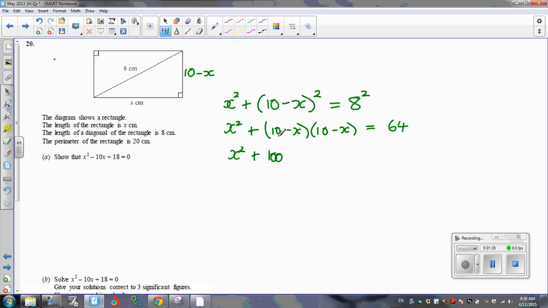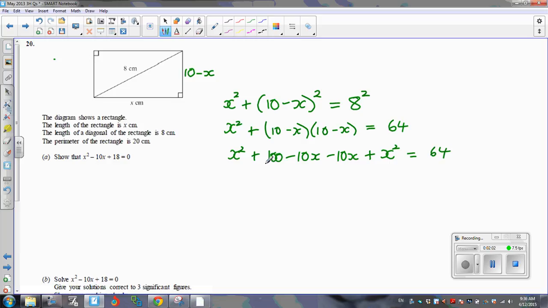The outer terms, 10 times minus x, is minus 10x. Here, minus x times 10, the inner term, minus 10x. And then we do the last two terms multiplied together. Well, that's a negative multiplied by a negative, which is positive, and x times x is x squared. And that is equal to 64.